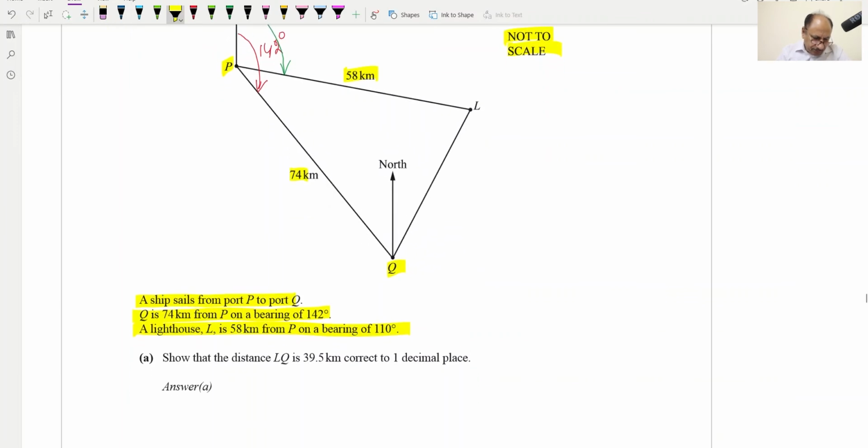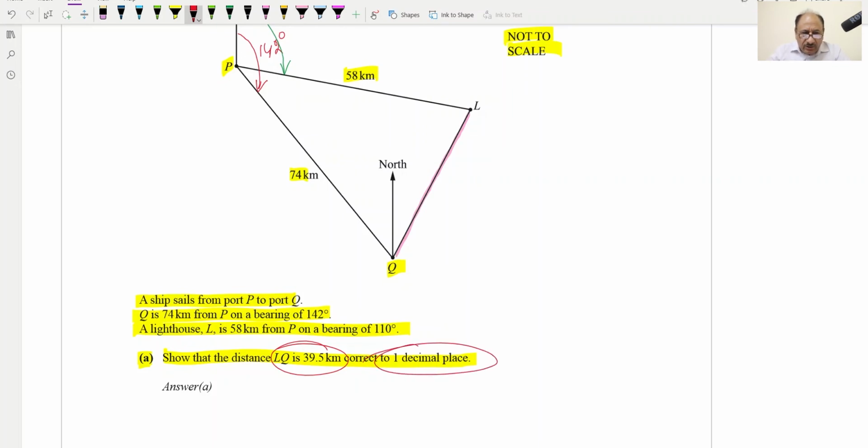Now A part, show that the distance LQ, which we need to show, is equal to 39.5 kilometers, correct to 1 decimal place.